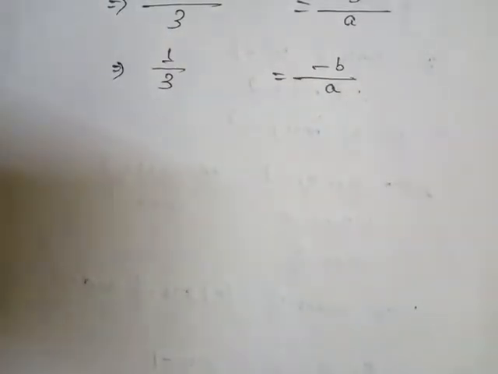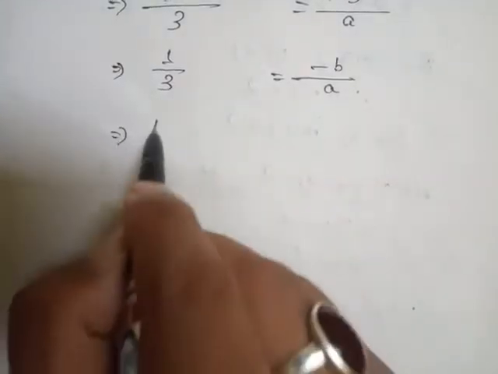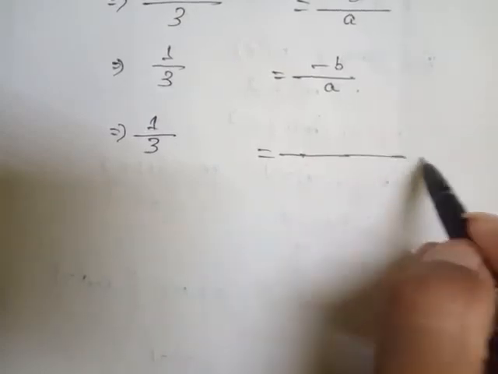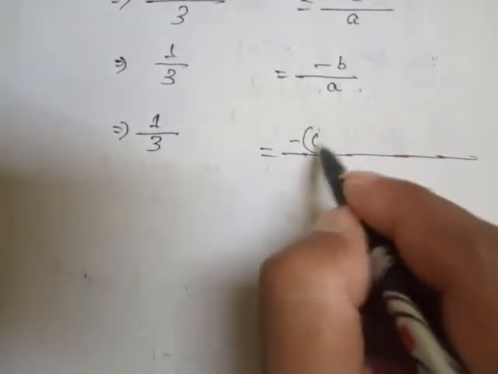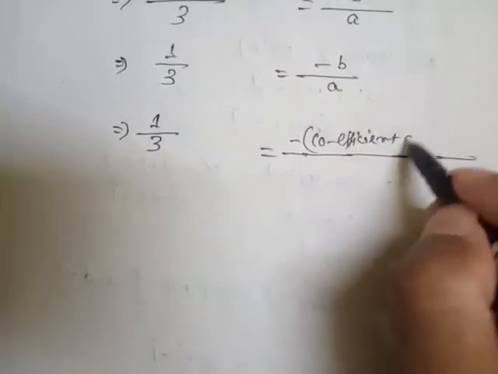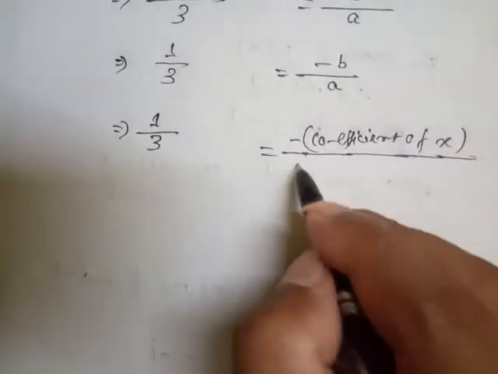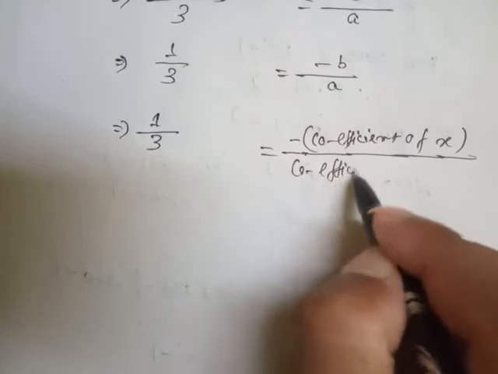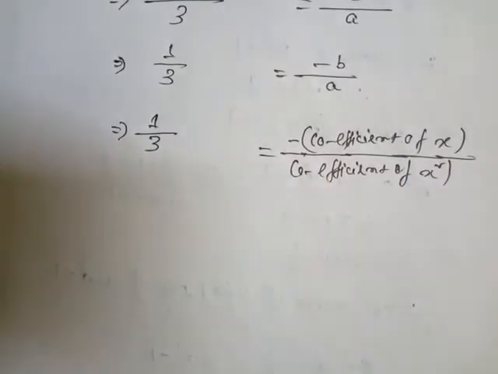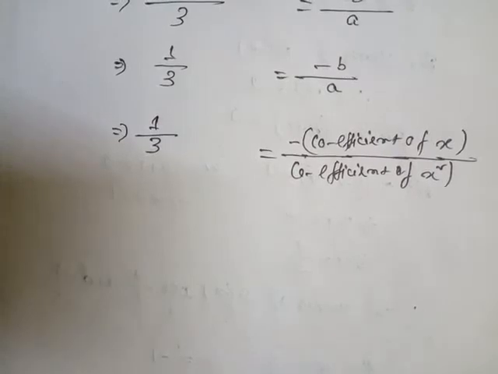Now look here in the last line, I can use one sentence, or you can say the formula actually: minus coefficient of x divided by coefficient of x square. This is the answer for the sum of the zeros.